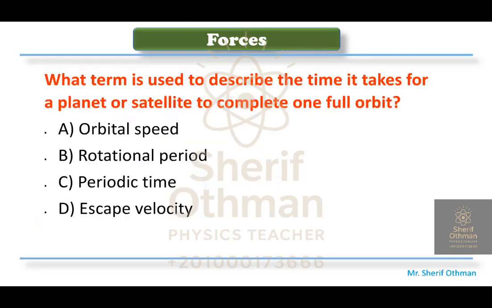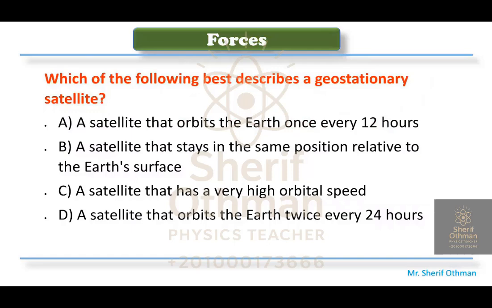What term is used to describe the time it takes for a planet or satellite to complete one full orbit? Periodic time. Which of the following best describes a geostationary satellite? Geostationary: geo, stationary, constant.